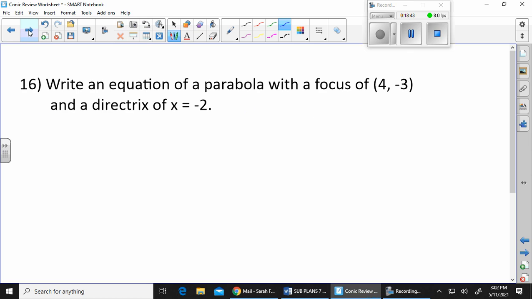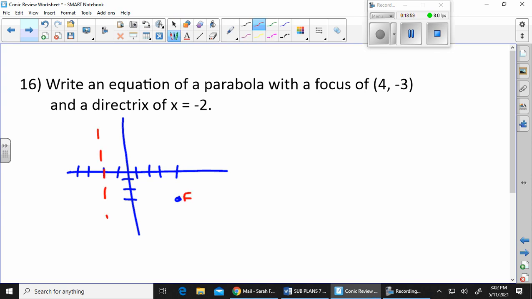So again, just draw it. So this one focuses at 4, -3, but I went the wrong way. The directrix is x equals -2. So remember, this is my focus. This is my directrix. And so really I'm worried about the x. Okay. How many spaces between there is there? 6. Divide that by 2, which is 3, which means your vertex has to be at 1.